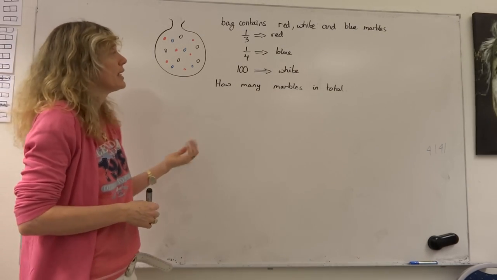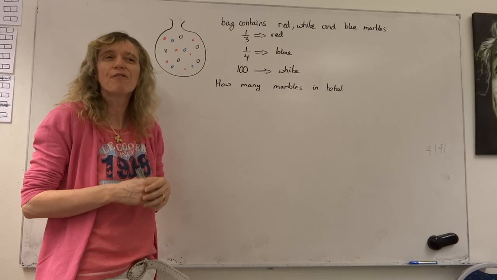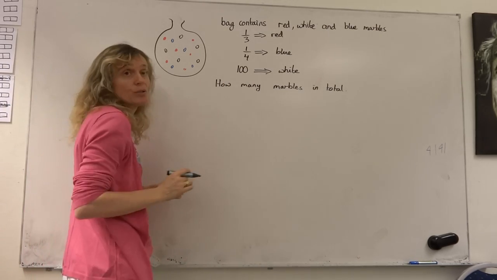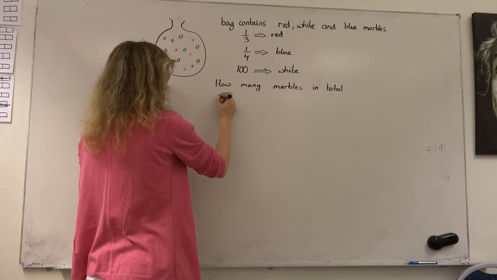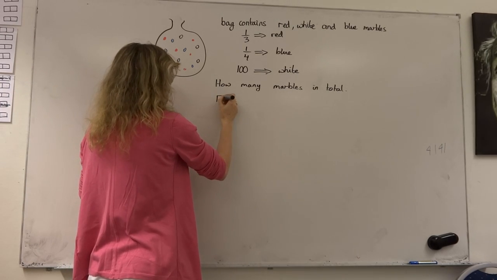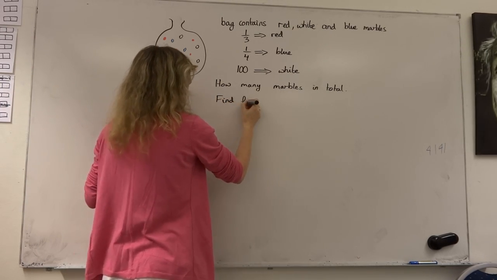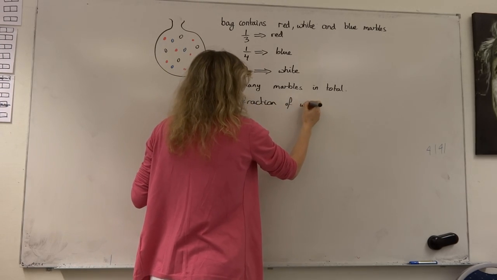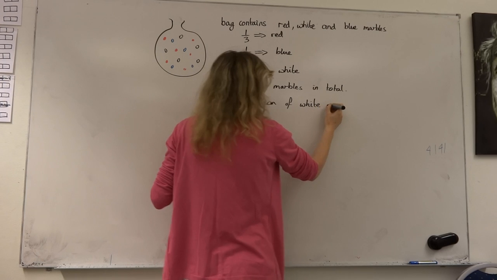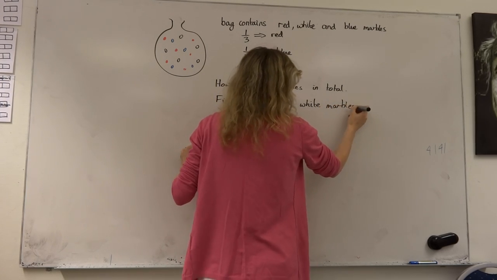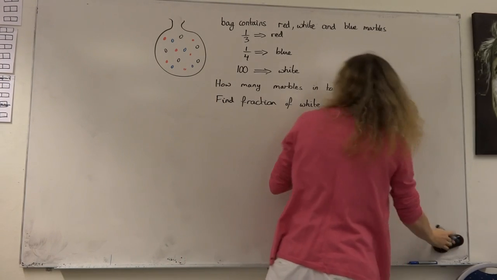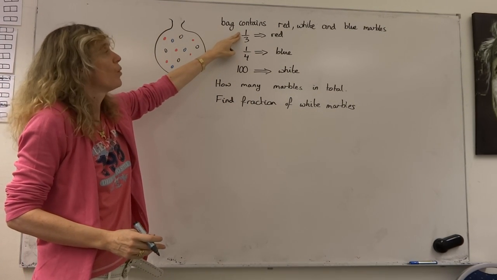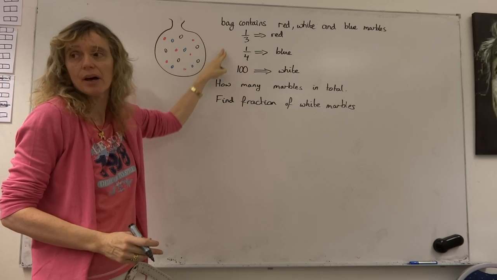So the first thing I need to do is I need to work out what's the fraction of white marbles, because that helps me work out the total amount. So step one, find the fraction of white marbles. Now, we get the fraction of white marbles by working out what's the fraction of red and blue together.